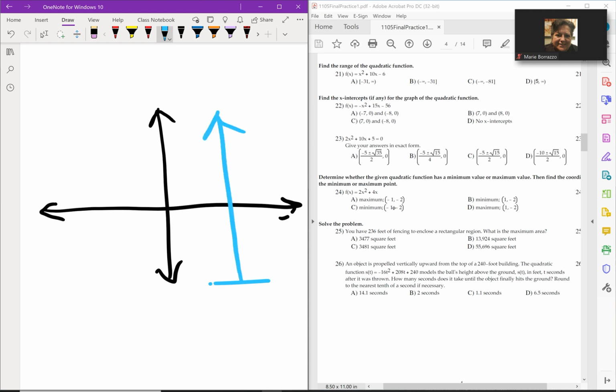This is always your first number in the interval. Let's call it a, and then it ends with b. B is whatever's up here. So that's for the range. Anytime we talk about range, we're going from the bottom up.